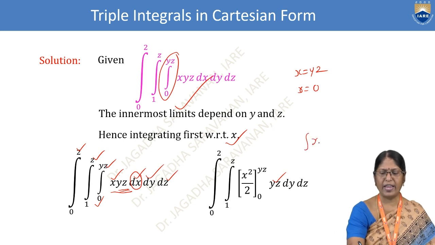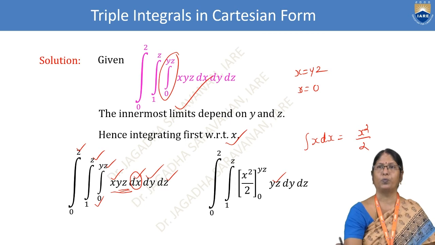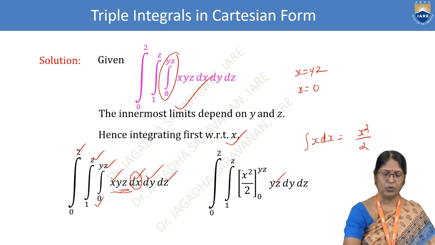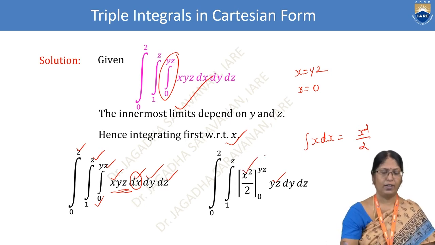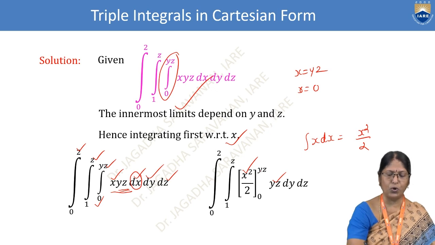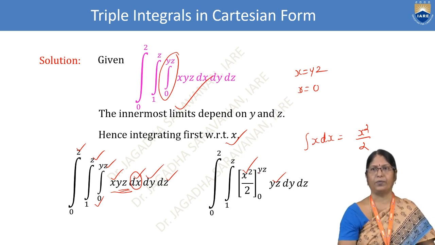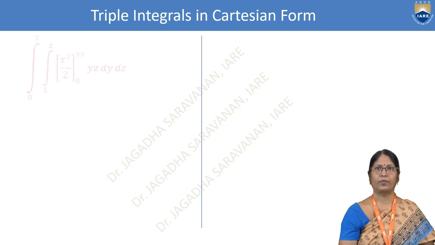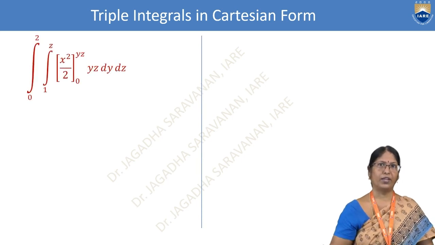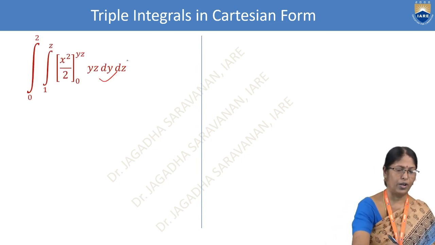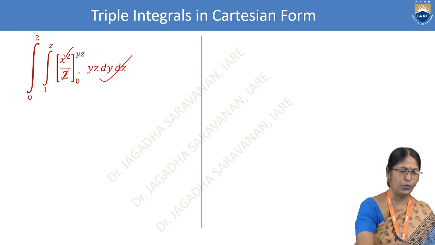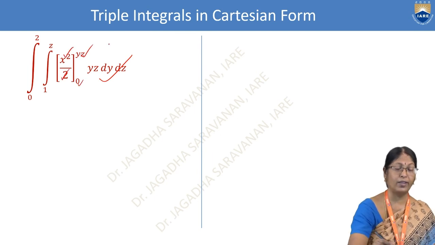So the integral of x dx is nothing but x square by 2. So the integration is written. The limits are from 0 to yz.